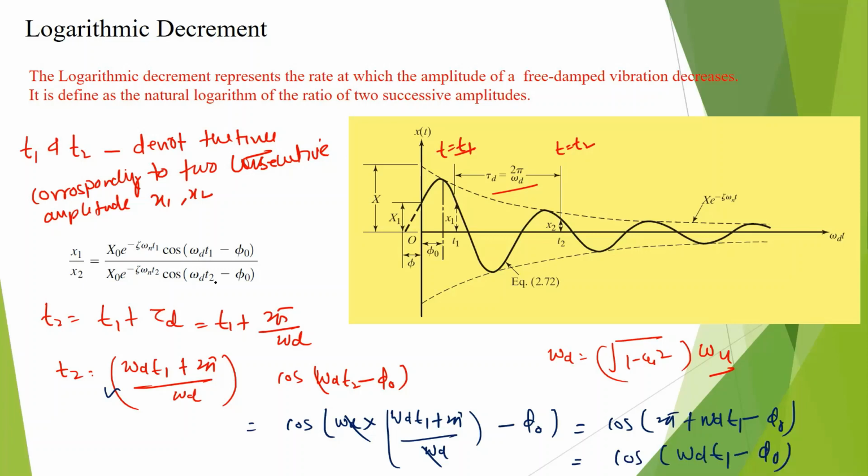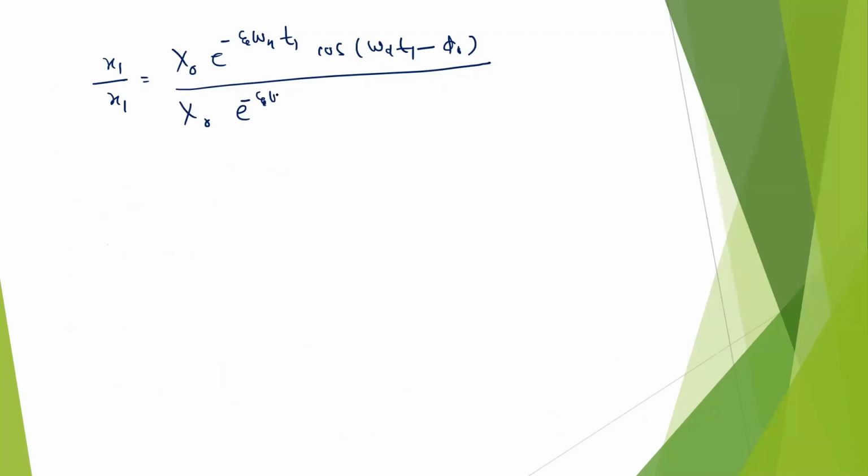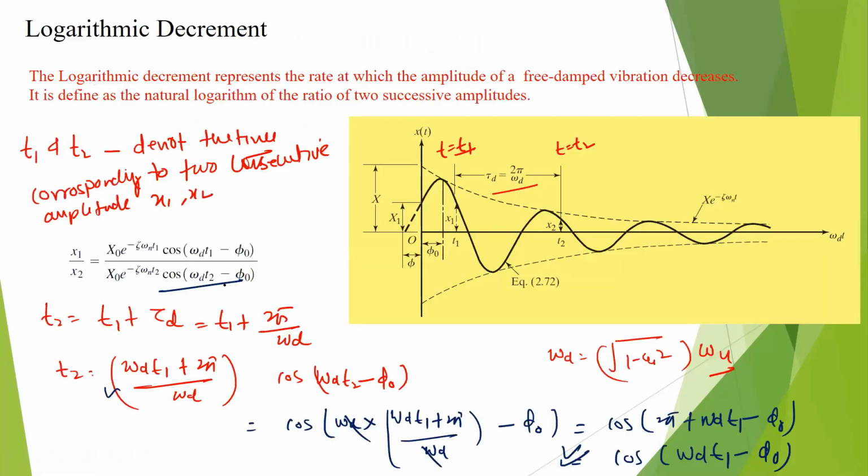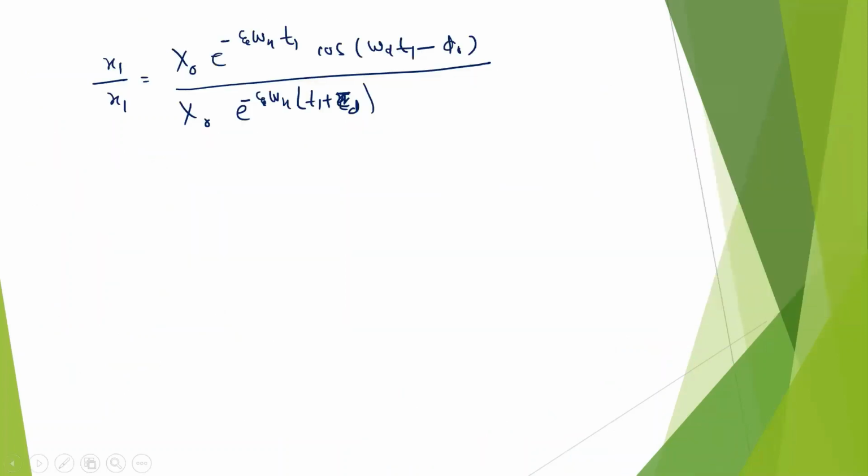So if we replace cos omega d t2 minus phi naught by this term, x1 over x2 is x naught e raised to power minus zeta omega n t1 cos omega d t1 minus phi naught, over x naught e raised to power minus zeta omega n, and in place of t2 we write t1 plus tau d, times cos omega d t1 minus phi naught.